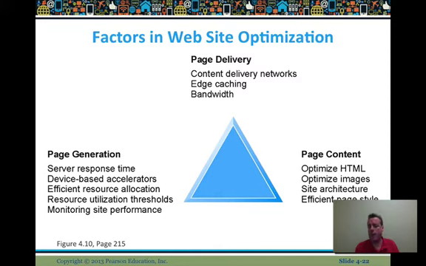And then page content: optimizing your HTML, your SEO, your images, how they're loaded, what sizes they are. Are they web ready? If you're loading up TIFF images on your website, they display, but they're so fat, they're going to take your performance down to a grinding halt. They have to be web ready.